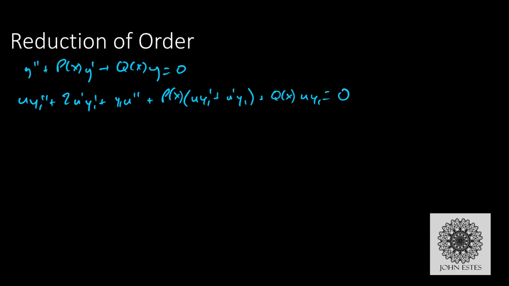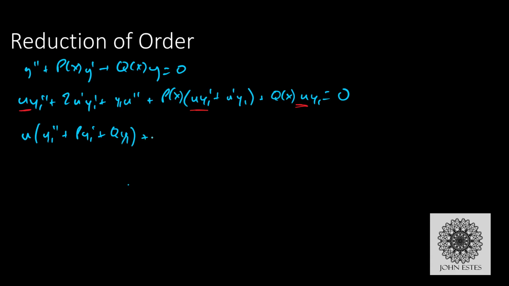Now here's the interesting thing. We group together the terms that have just a u in them. We have a u here, a u there, and a u there. If I group those together, I end up with u times y1 double prime plus p y1 prime plus q y1.